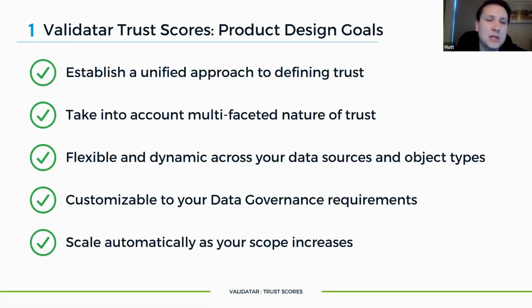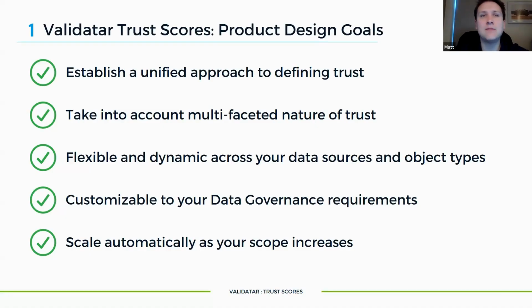And then finally, we needed to scale as your scope increases. So if you're doing this with a small database of 20, 30 tables, it should work, but it should also scale out and not become more cumbersome as you go to thousands and thousands of tables and objects and reports.